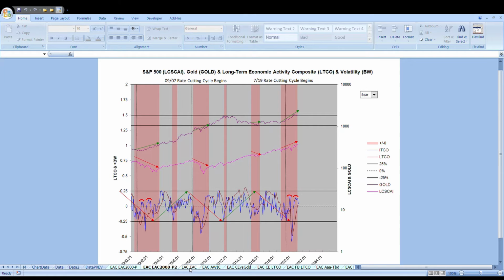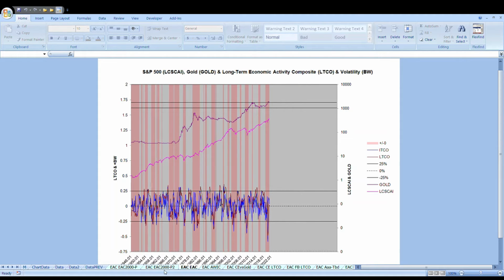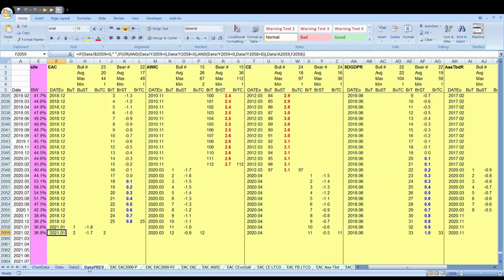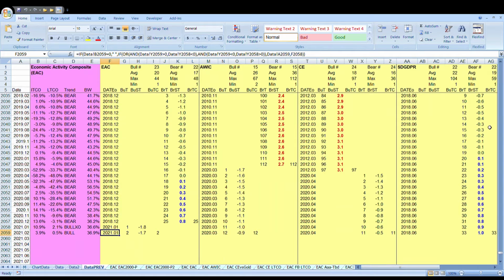Inside the subscribers' matrix, you have the EAC tab, which is right here. You can look at the components of the model. I'm not going to talk about them other than the EAC. You can read this number. There's a number of bull cycles, a number of bear cycles, and the average monthly counts for them.